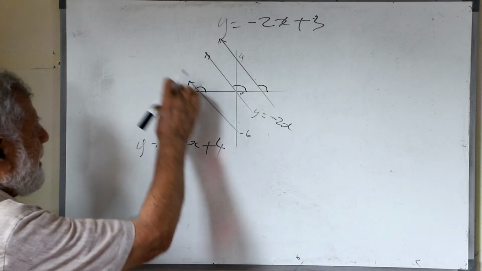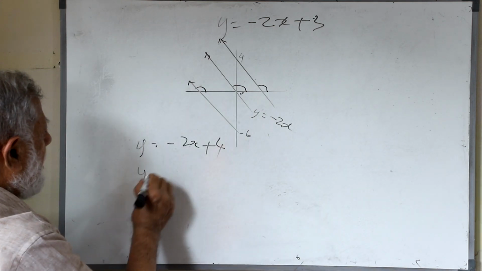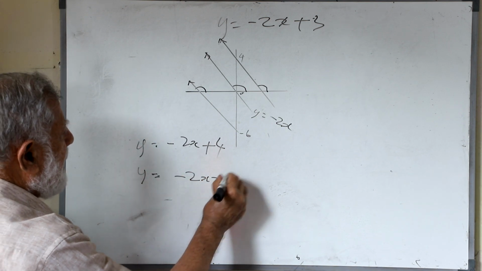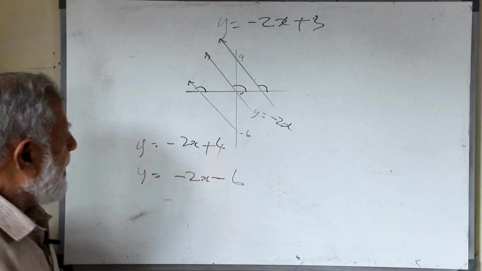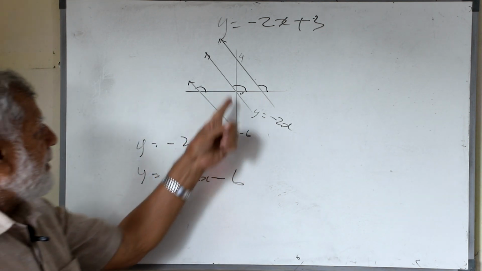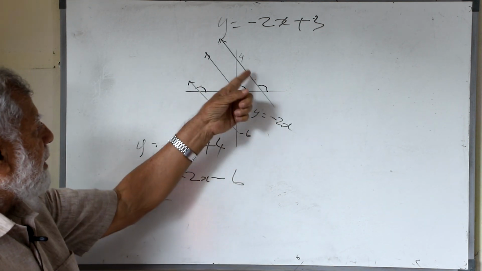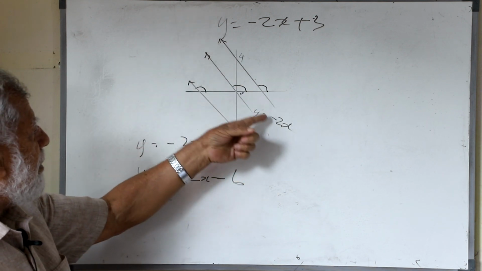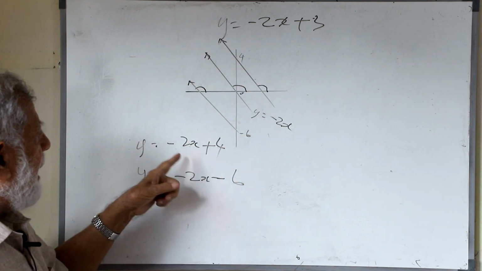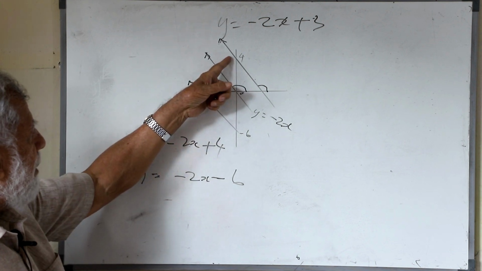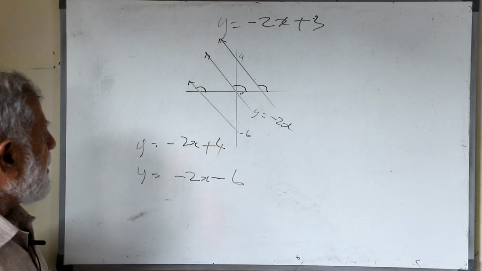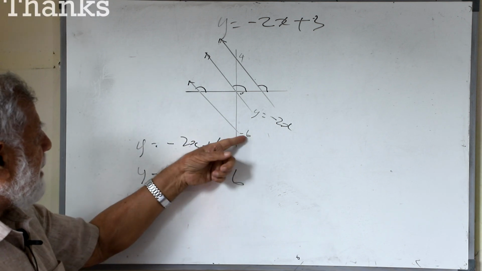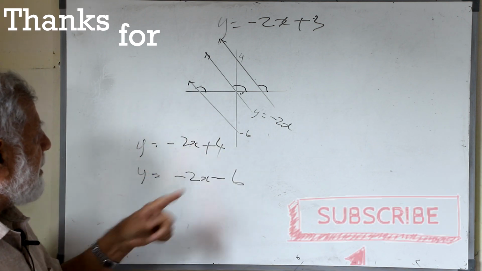And the equation of this line will again be y is equal to minus 2x minus 6, since the gradient is the same, minus 2, and it passes through minus 6. So the gradient is given, and immediately we can find the equation: the gradient is the same, so minus 2x, and it goes through 4, so it is minus 2x plus 4. This one has the same gradient, minus 2x, passing through minus 6.